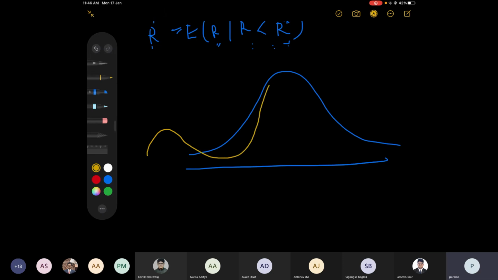Something like this. The value at risk for both of them might have been the same. Both probably have the same area, so the value at risk could have been the same for both.